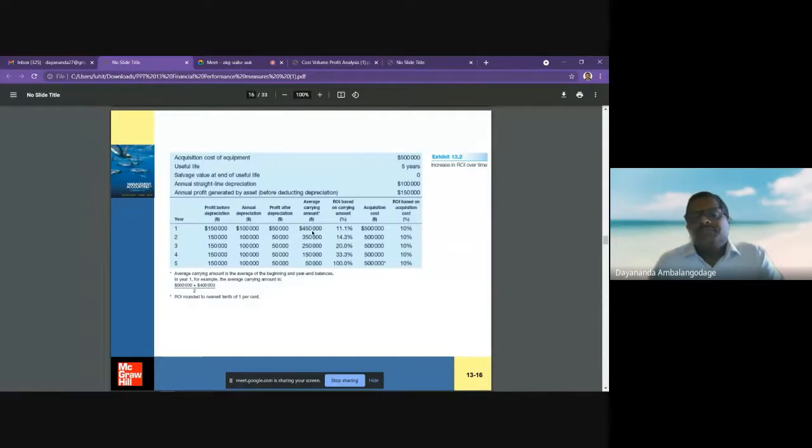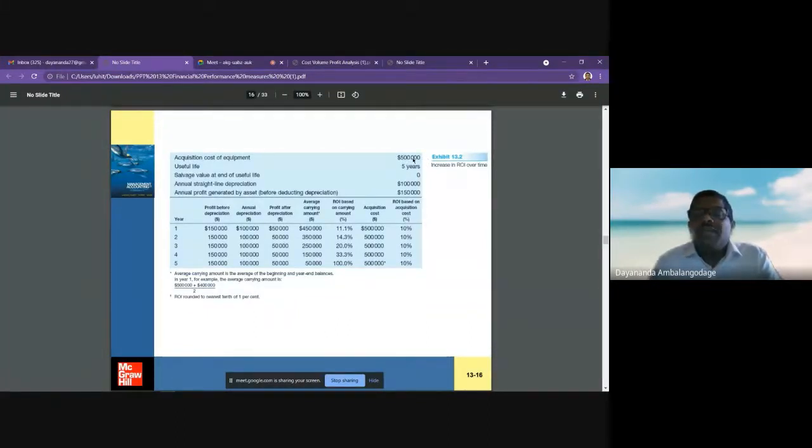Is it clear? Similarly, how do you calculate the average investment here? What is the second year beginning value? Second year beginning value is 400,000. First year end means second year beginning. So you take the 400. And what is the second year end value? Second year end value is after 2 years.